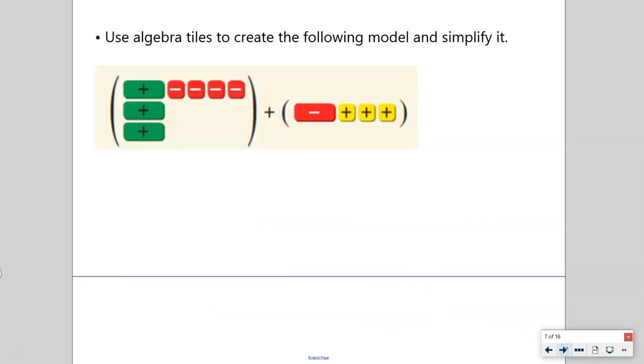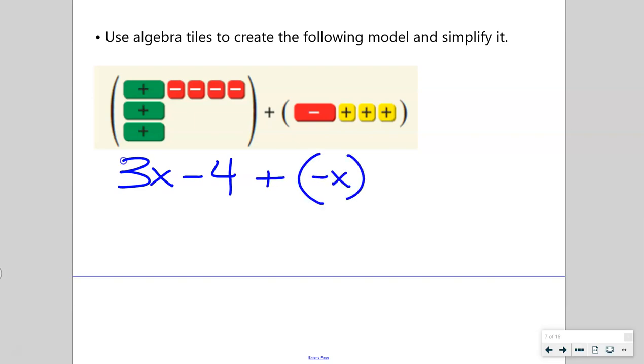Use the algebra tiles to create the following model and simplify it. We have 3x here. We have minus 4 plus, right, a negative x, right? So we think of that as a plus of negative x. And it's also plus 3.